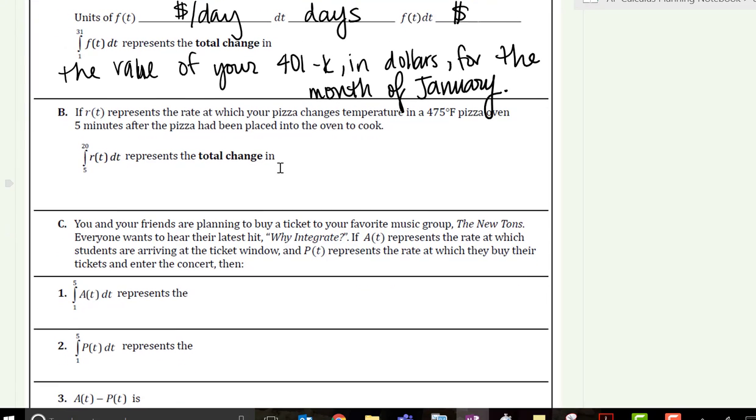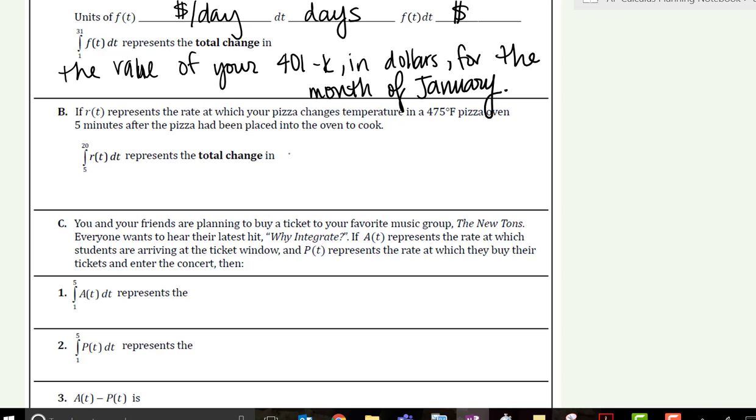Let's look at a few others. If R of t represents the rate at which your pizza changes temperatures in a 470-degree pizza oven 5 minutes after the pizza has been placed in the oven to cook. So we're going from 5 to 20, right?